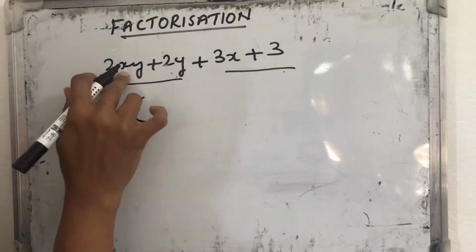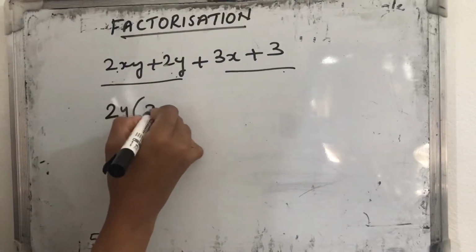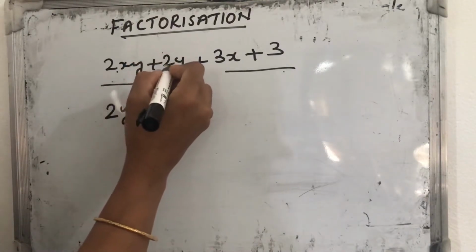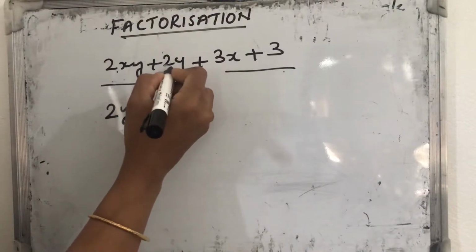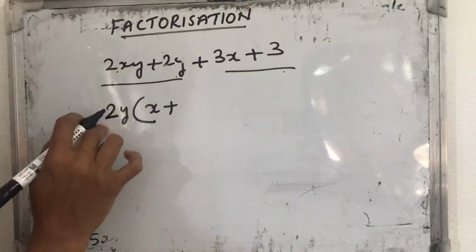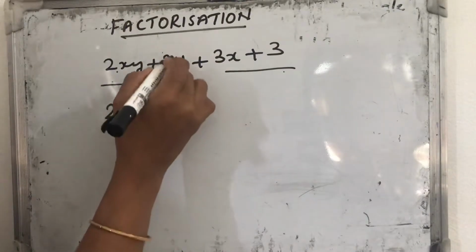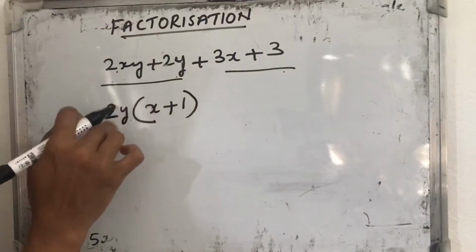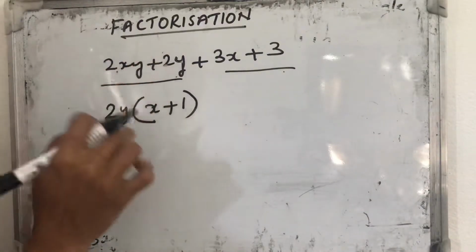Then what is remaining in the first term? x. Plus, what will be remaining here? We can write 2y as 2y into 1. After taking 2y as common, 1 is remaining. So 2y into x plus 1.